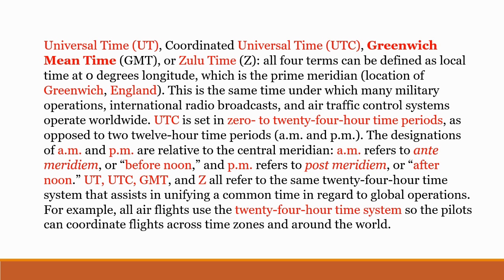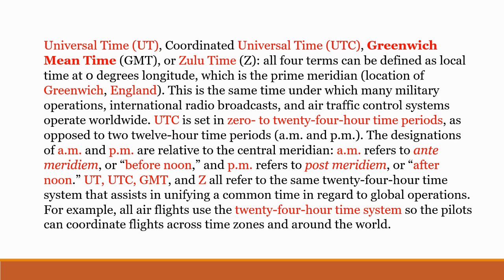UTC is set in 0 to 24-hour time periods as opposed to two 12-hour time periods, AM and PM. That means it is a set of 24 hours. The first 12 hours are the day and the second are the night.